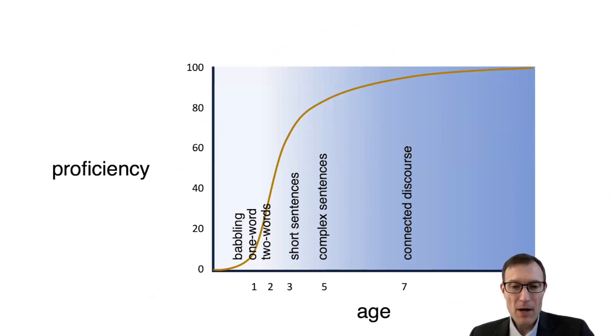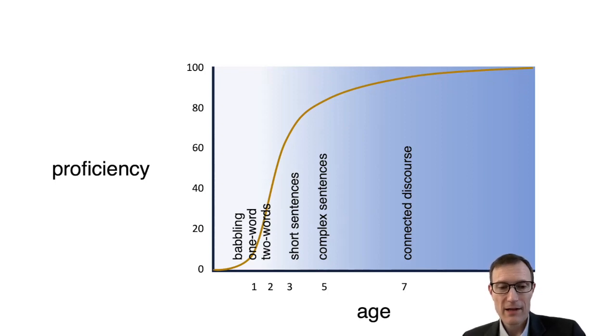So the problem that we have in school often is what I would like to talk about now. What we're looking at now is a graph that represents first language acquisition. When babies are just born, they don't say anything.